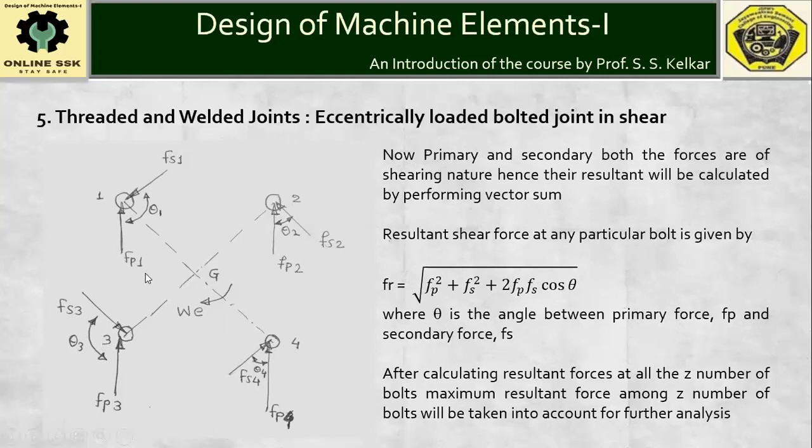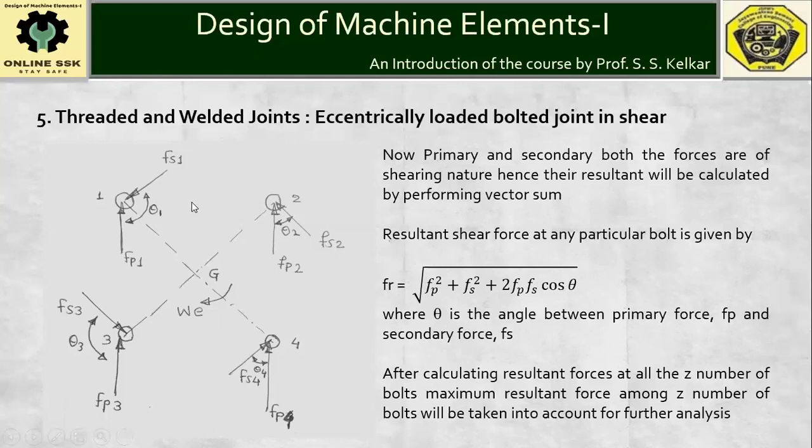Identical bolts are used for bolted assemblies. So here one has to find the maximum resultant force experienced by any of the bolts, and that bolt will be called the critically loaded bolt, and the design will be based on the resultant force on the critically loaded bolt.